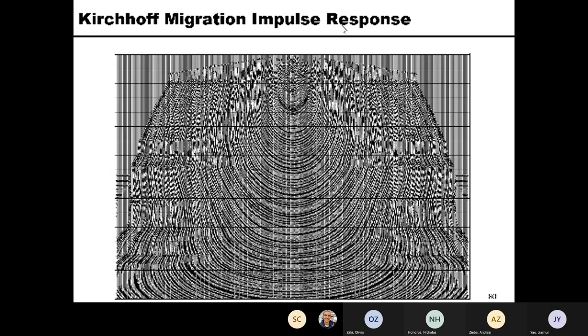This so-called impulse response means you do the migration for the whole seismic profile, but actually only the central trace is kept as original, and the other traces are muted to zero. But you do migration. This is called a migration impulse response. This impulse response gives you an indication of the migration dip limit.